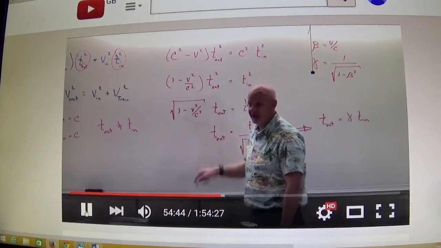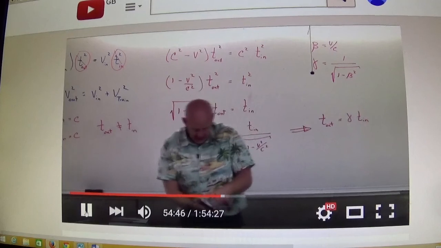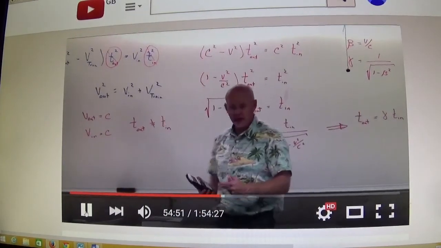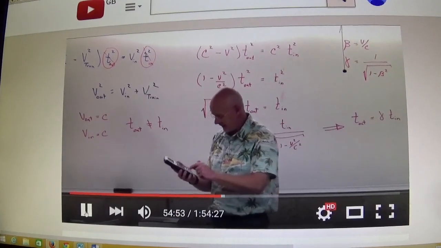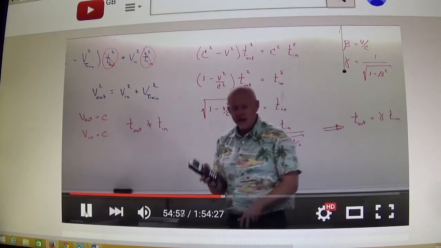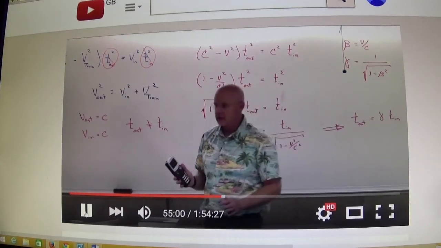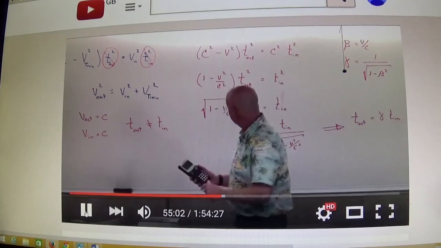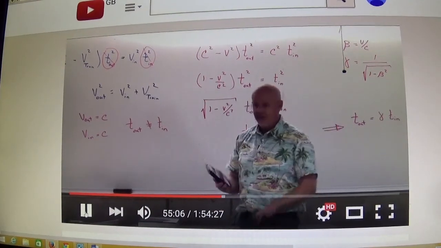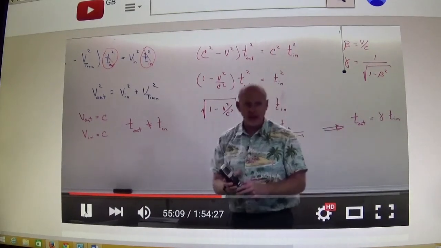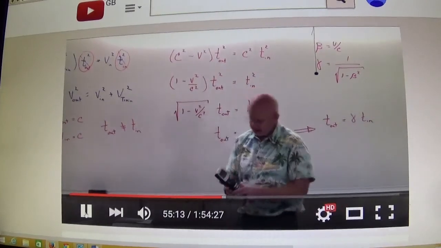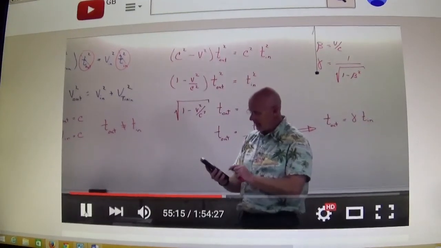Really, really slow. Just for the sake of discussion, let's say my car was moving 70 miles an hour. I take 70 miles an hour, divide it by roughly 2.2, and that's about 32 meters a second. I take 32 meters per second and divide it by the speed of light. That's pretty small in itself, but this is asking me to do the square of that, okay? So I'll square that.